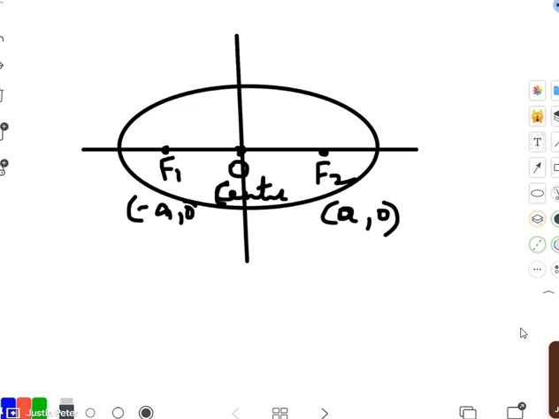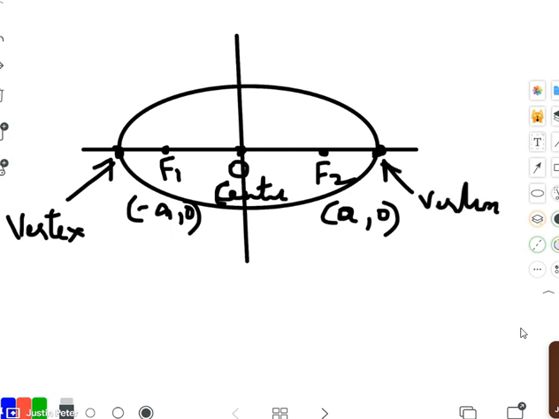The distance between the two vertices, this is going to be the vertex, is going to be called your major axis.